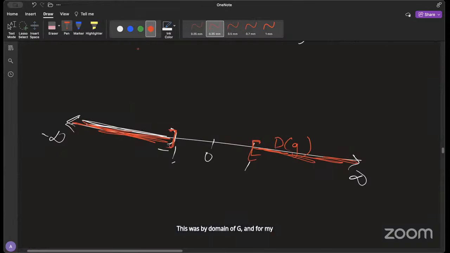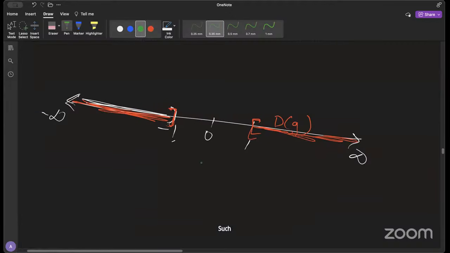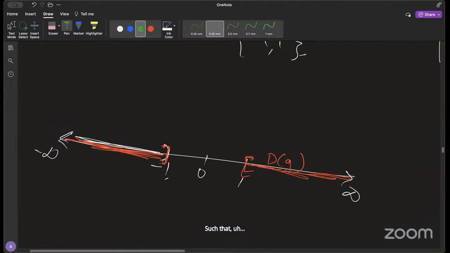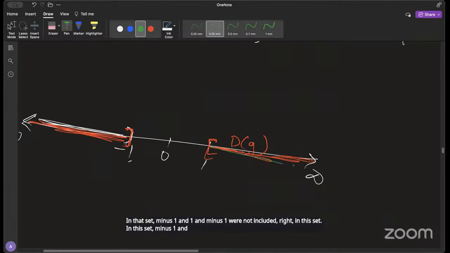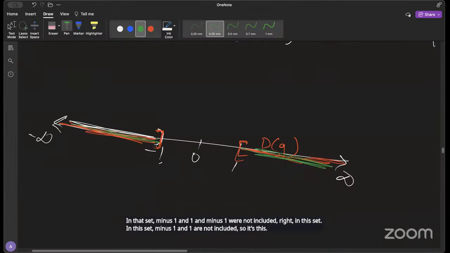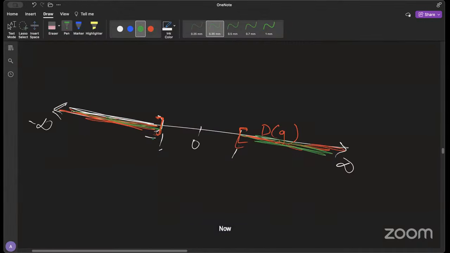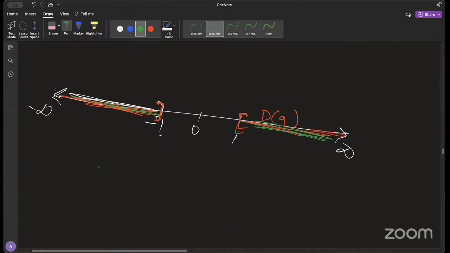And for the domain of the other set, in that set minus 1 and 1 were not included, right? In this set, minus 1 and 1 are not included. So it's this, and this, with this not included. Now if I take the intersection, I have to find the set where we have red and green both. So your red and green.